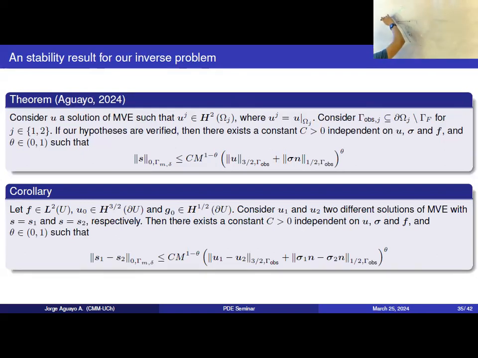And the idea is to extend, for example, creating a new domain, generating a new omega-1 and omega-2. And using some trace theorems, we can obtain a result very similar to the original one.